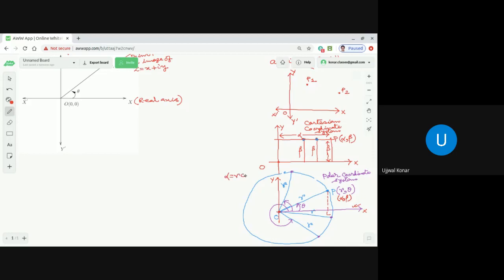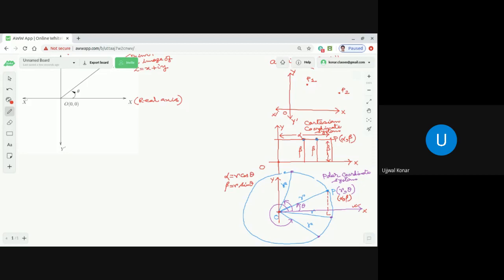Alpha equal to r cos theta and beta equal to r sin theta.